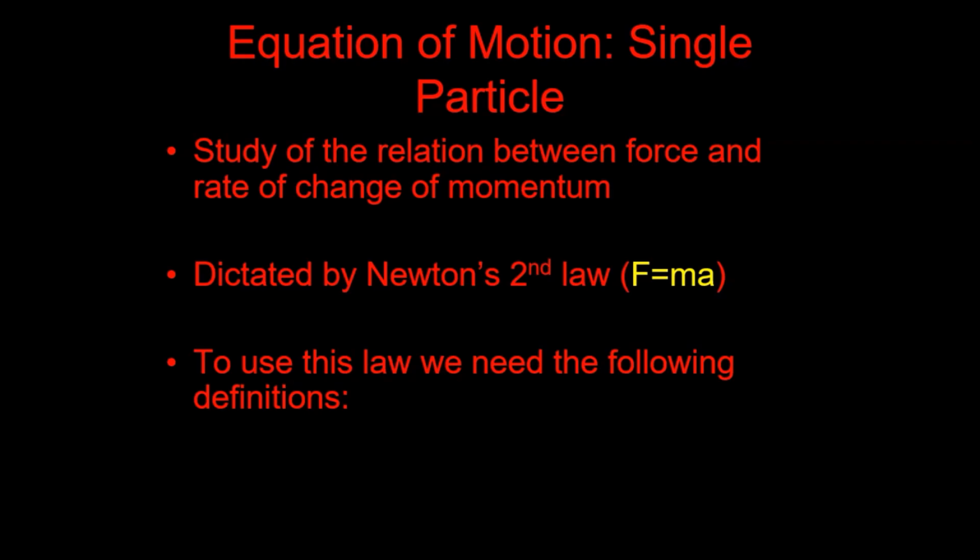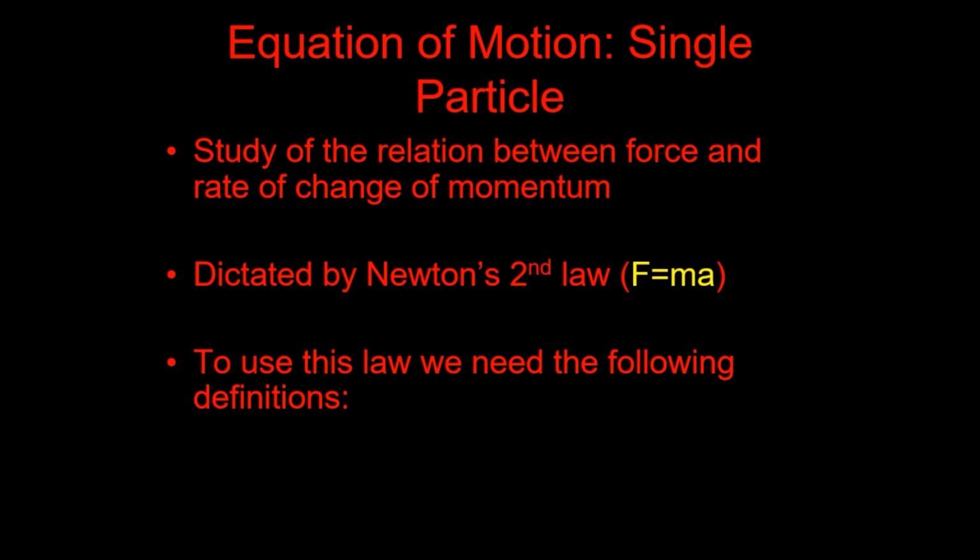Remember, momentum is p equals mv, and force is F equals ma. If we change the velocity in that equation while holding the mass constant, then we'll have m delta v by delta t, or ma as it would be, giving us a force back.